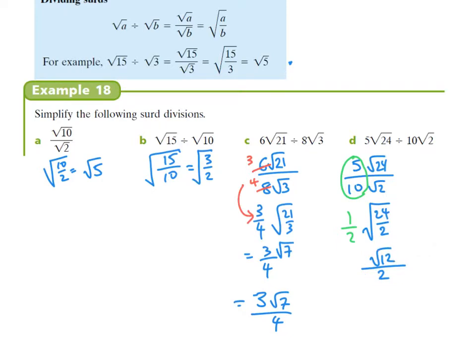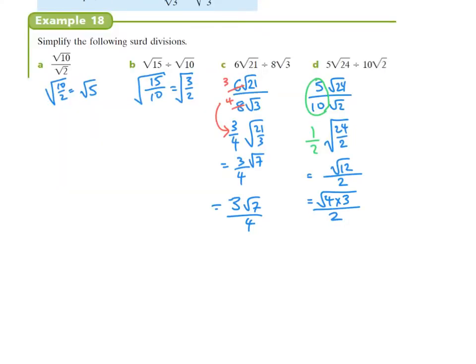The other thing, just to eyeball this and not to forget, is that square root 12 is not a prime number as such, and there is a clean square number in there, which is 4. So it's comprised of 4 times 3, over 2. And so we can treat that as two separate surds, square root 4 times square root 3, over 2.